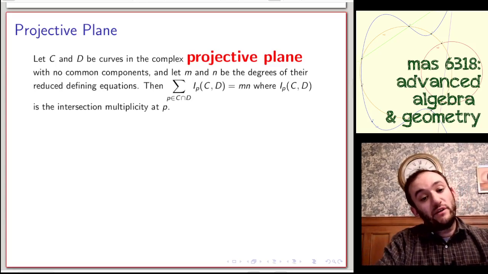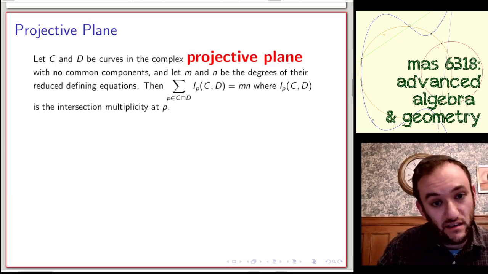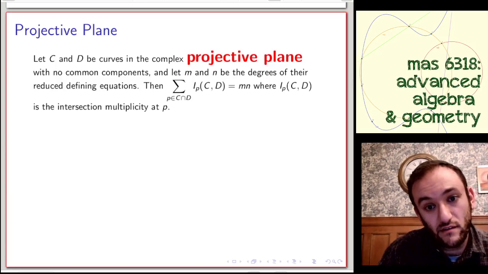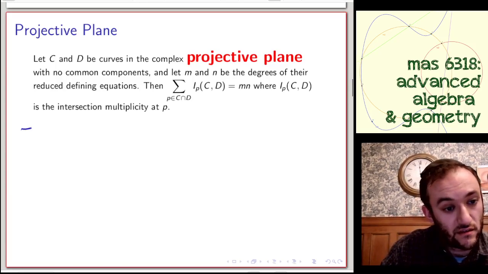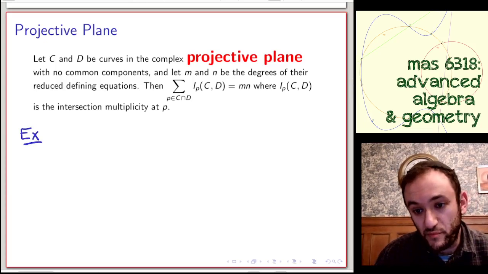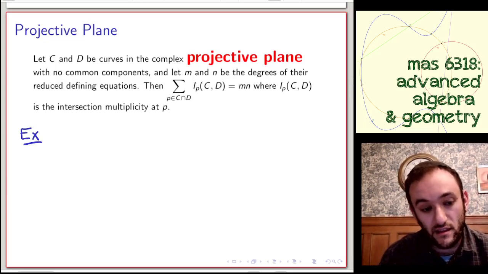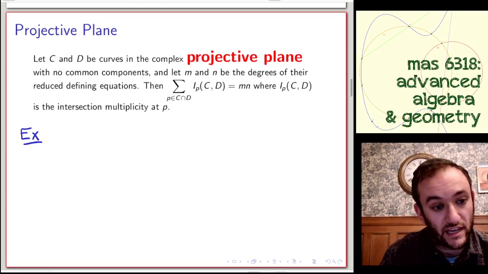Let C and D be curves in the complex projective plane. So this has to do with the problem of parallel lines that we discussed in the projective geometry lecture.